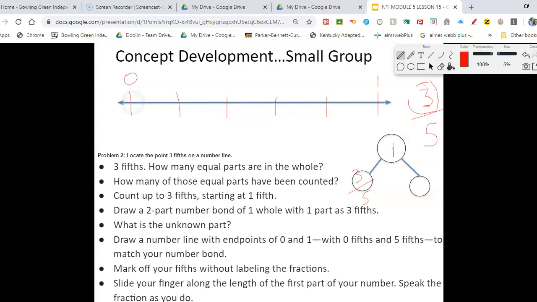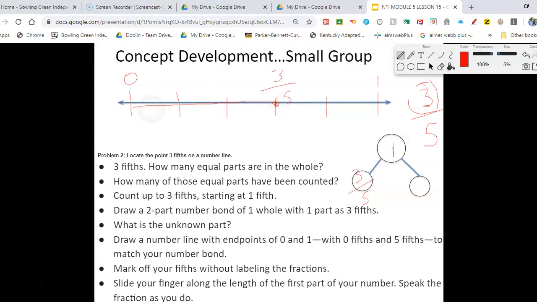So let's start right here at 0 and let's move 1/5, 2/5, 3/5. So right here we have 3/5. So let's label that 3/5.